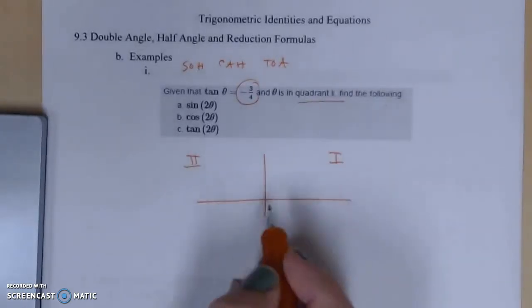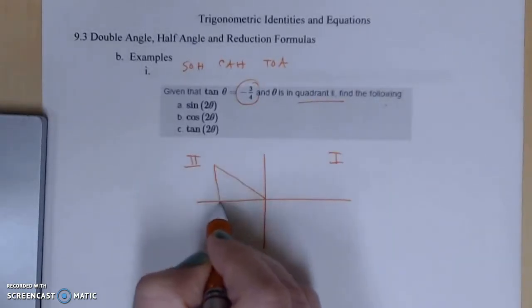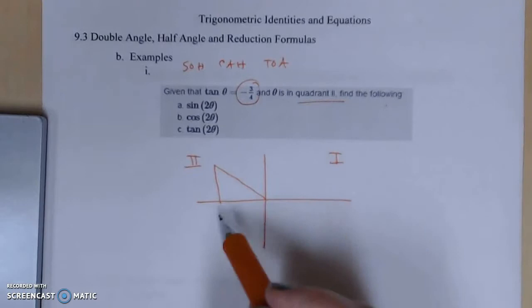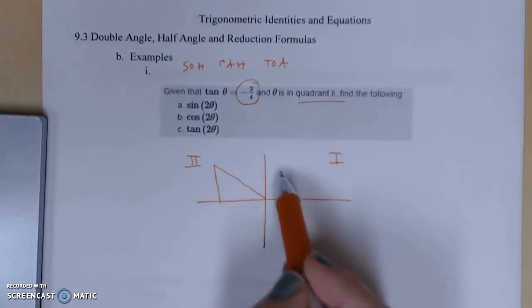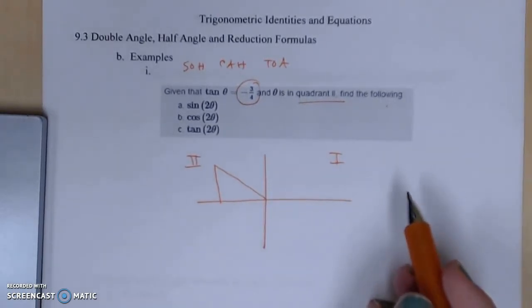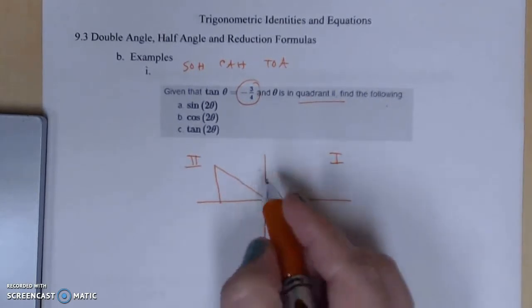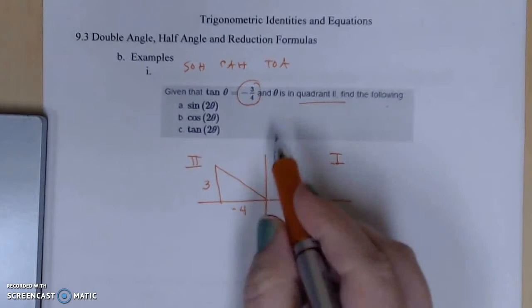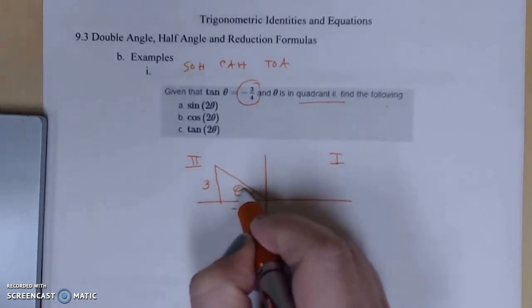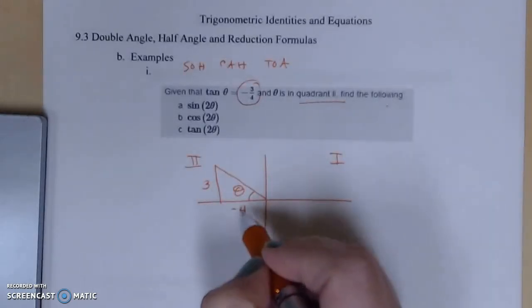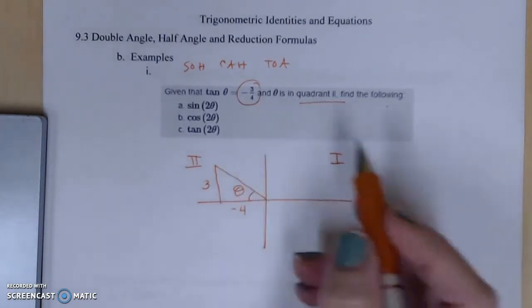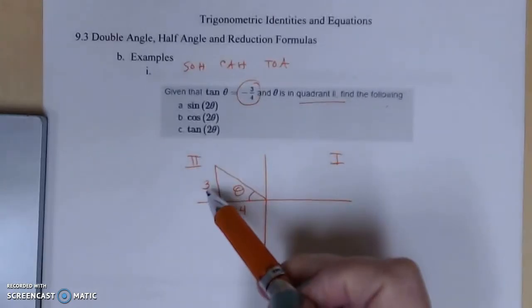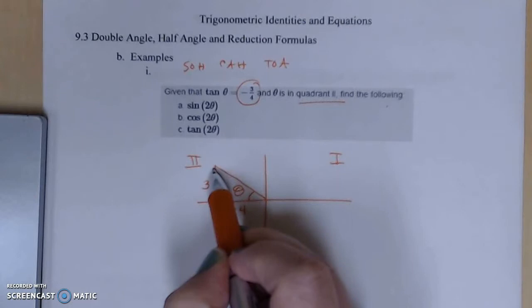I'm in quadrant 2, so that means I'm going to be drawing a triangle here in quadrant 2, because you want to base it off of the angle that it's creating. And since I'm in quadrant 2, this is going to be +3 and -4, so that when I'm looking at theta, opposite over adjacent gives me that equivalent. I knew that it was a +3 because I'm going up with my triangle.